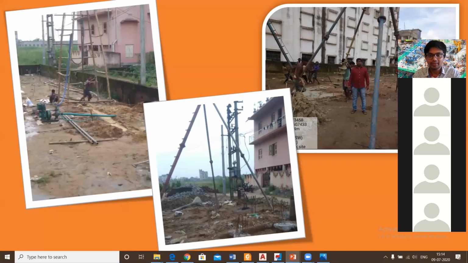Let us see the excavation part here. As you can see, this is the same site in which the excavation or the drilling for the piles is going on. This is the instrument used for the drilling of the piles. This is a tripod, called a tripod because it has 3 legs. Can anyone name this instrument which is used for the drilling of the pile?